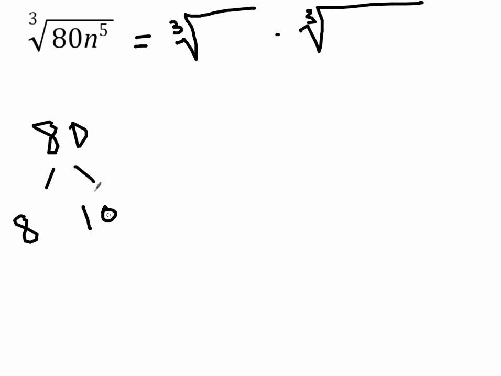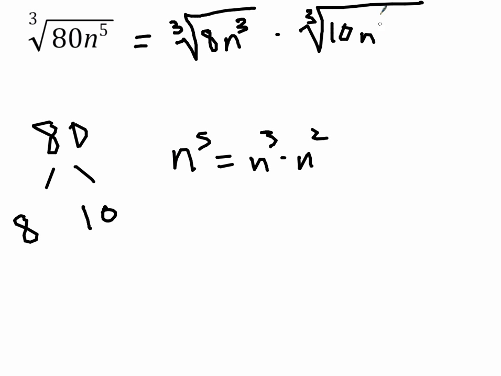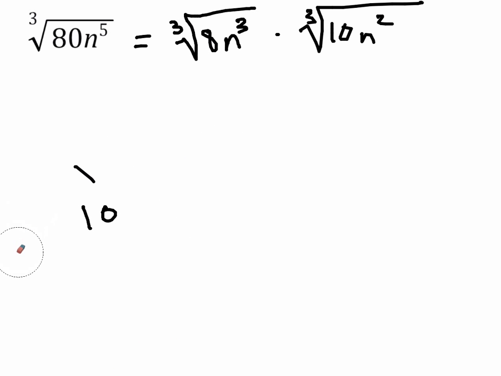And 10 doesn't have any factors that are perfect cubes either, so I can write 8 over here and 10 over here. And then n to the 5th is the same thing as n cubed times n squared. N cubed is a perfect cube and n squared is not, so I write n cubed here and n squared there.